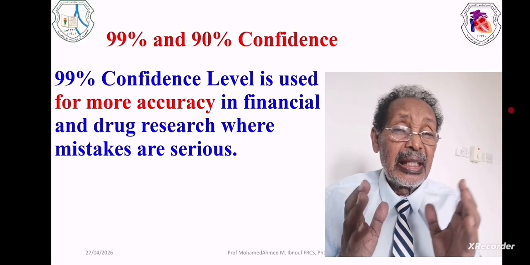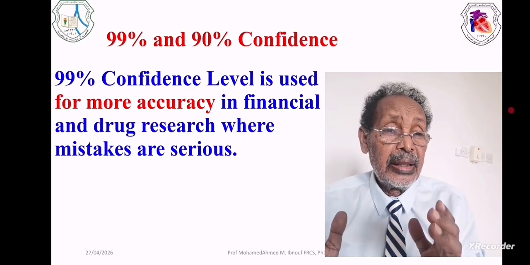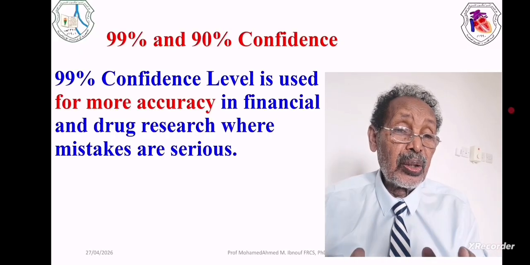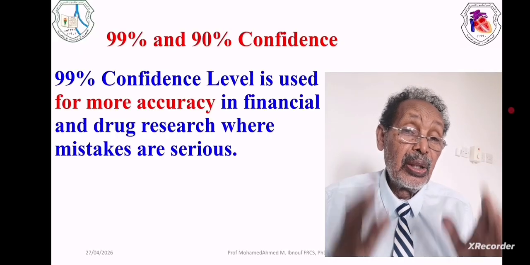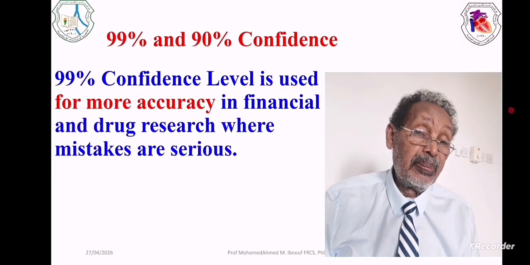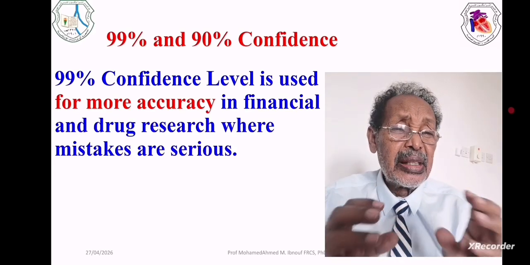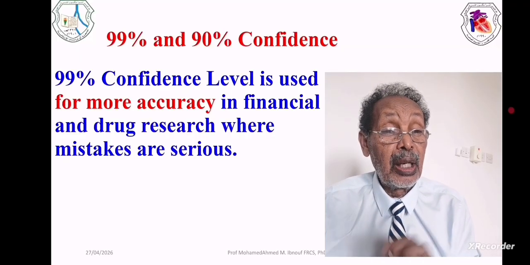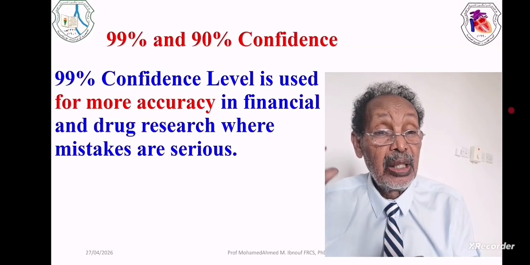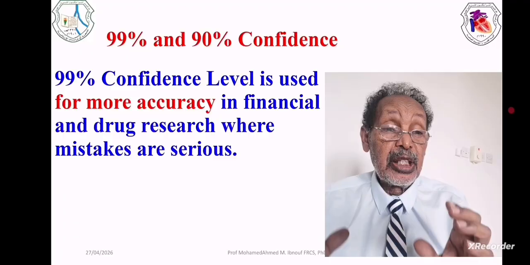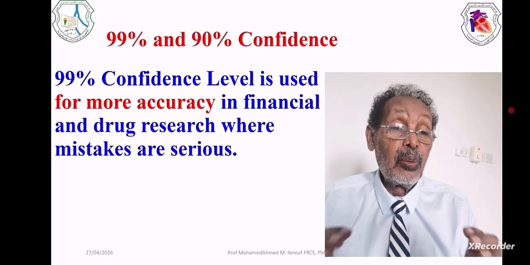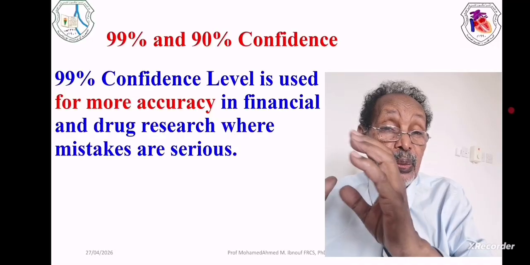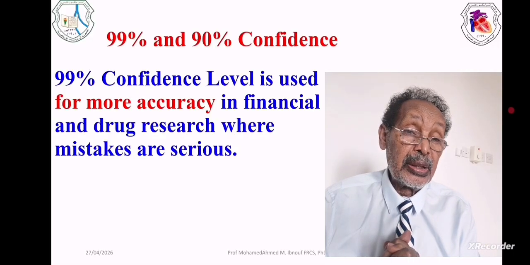Usually confidence is taken as either 99%, 95%, or 90%, and commonly it is 95%. However, sometimes for high precision, for high accuracy, when we are very sensitive about the results of the data, we can consider 99% confidence.